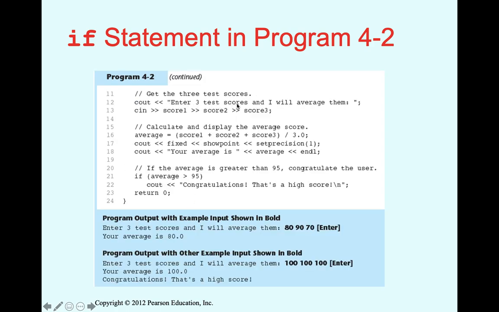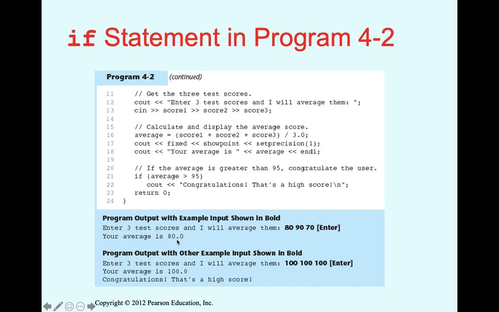We ask the user to enter score1, score2, score3. We compute the average, and then we use setprecision, showpoint, fixed. We want the numbers to print with a decimal point; if there is no fractional part, we print .0. That's why we use these 3. And then we print the average.